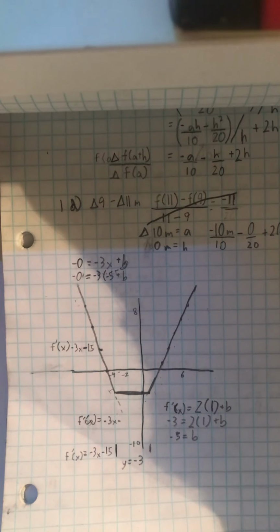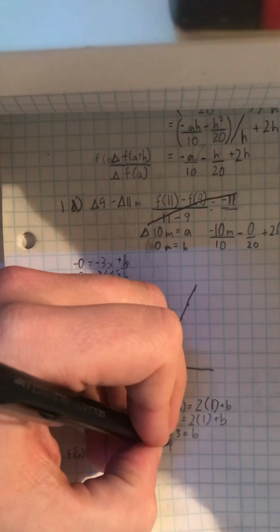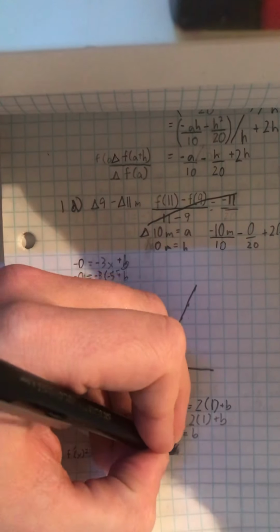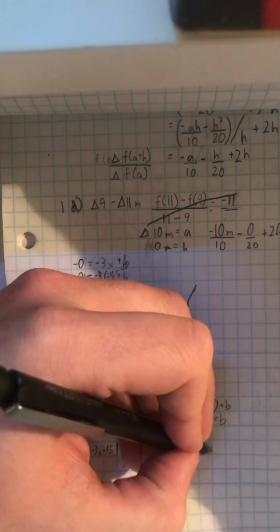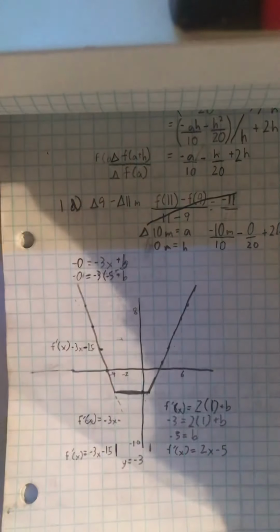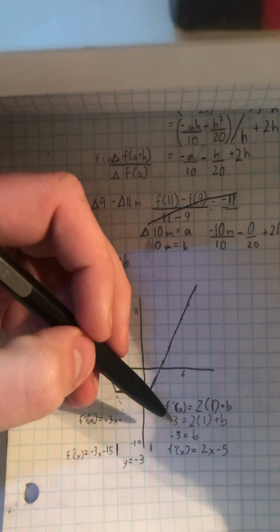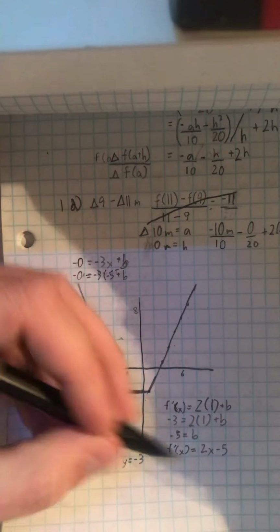And yep, 2x minus 5. So f prime of x equals 2x minus 5. Yep, okay. So now we know what our f primes are.